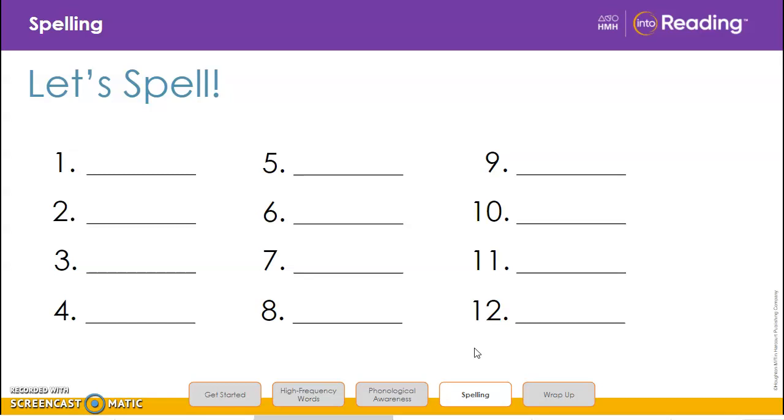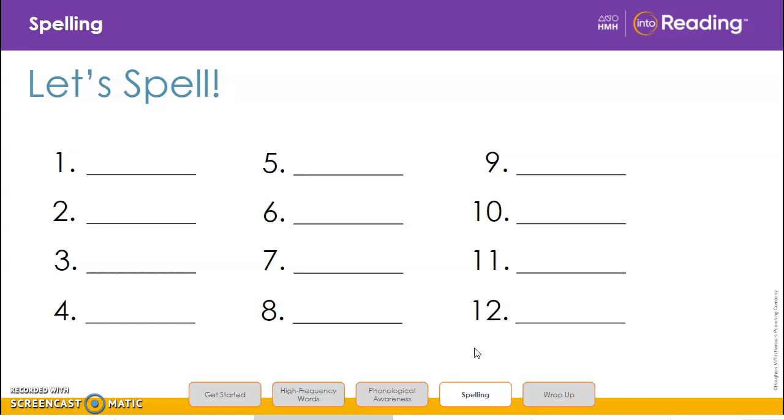Stop at the sign and do not go. Not. Number 3, top. Put a cherry on top of the cake. Top.